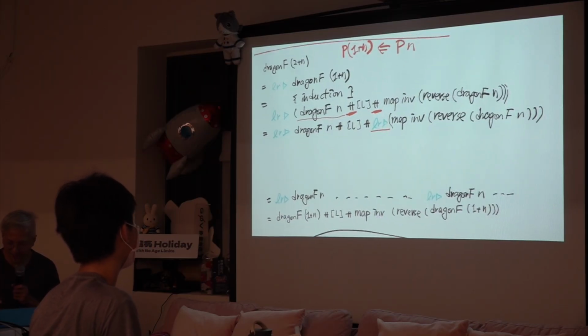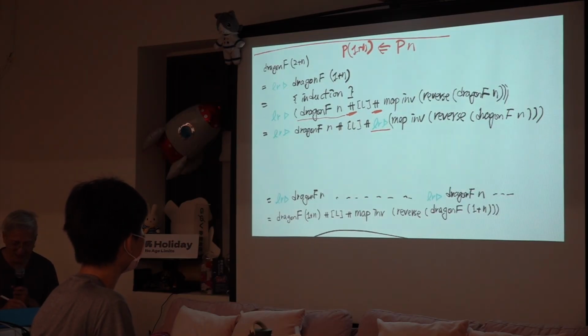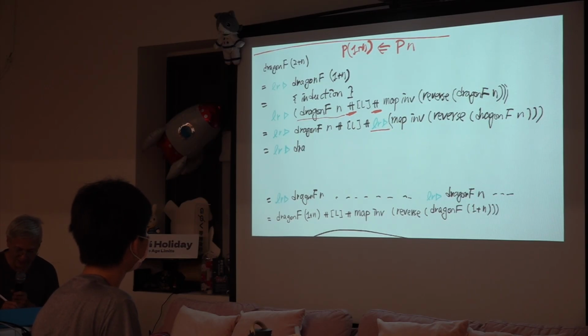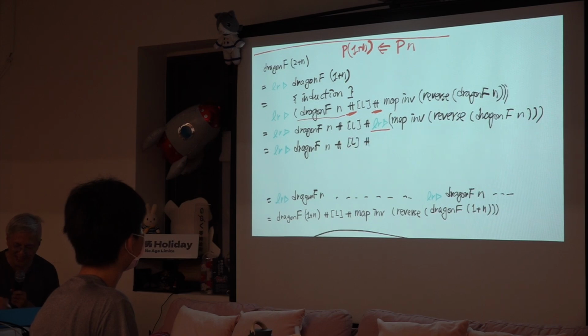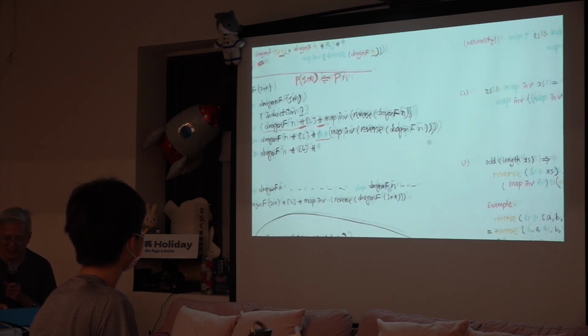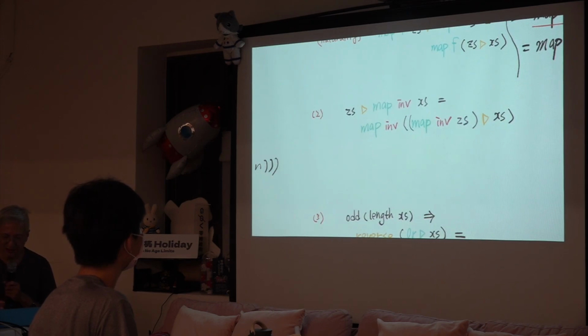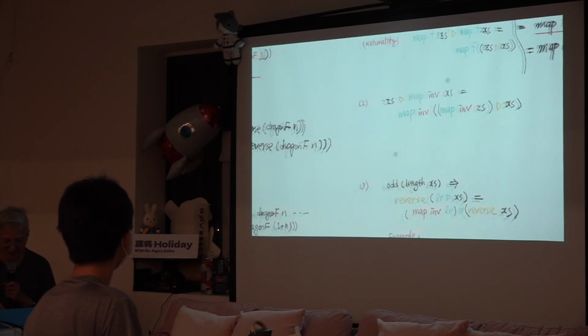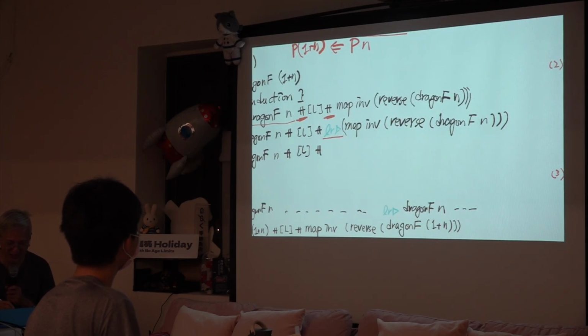So okay, back to this calculation. I'm copying this dragon F of n, the pen arrow, which is the same. And now, what do I have? On the left hand side, I have LR interleave outside, and now I can extract map inv from the expression.